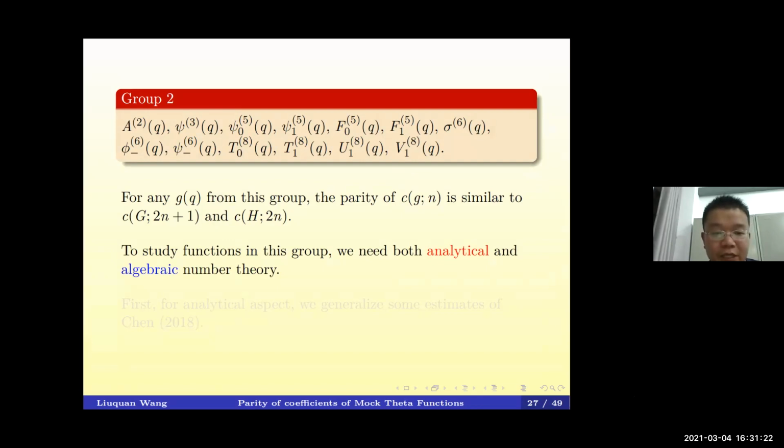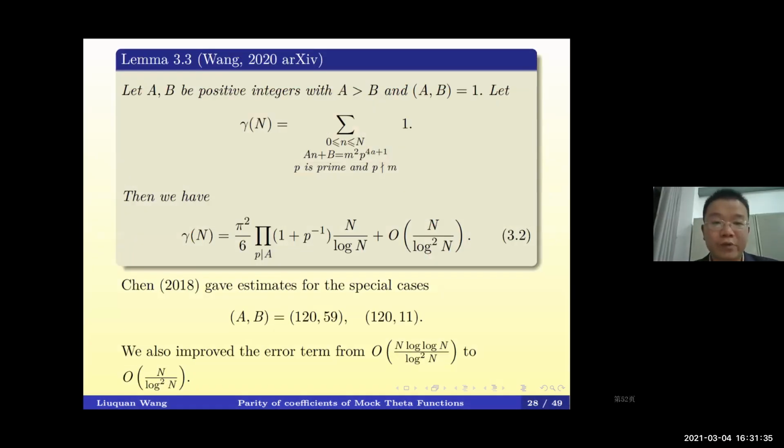to study functions in this group, we need both analytic and algebraic number theory. First, for the analytic aspect, we need to generalize some estimates of Chen, and we give a slight generalization of his estimation. So this is our lemma. Let A and B be positive integers with A greater than B, and A, B co-prime to each other.